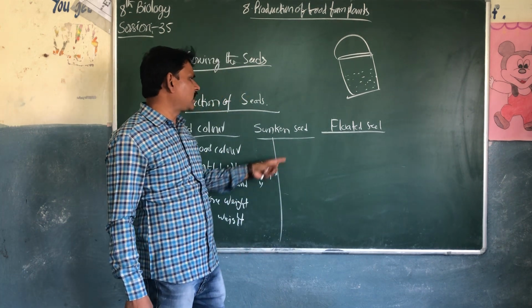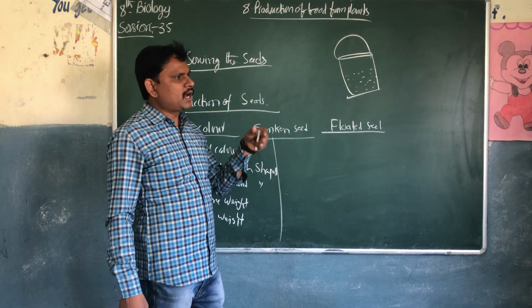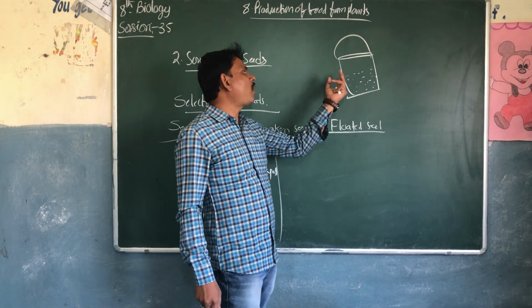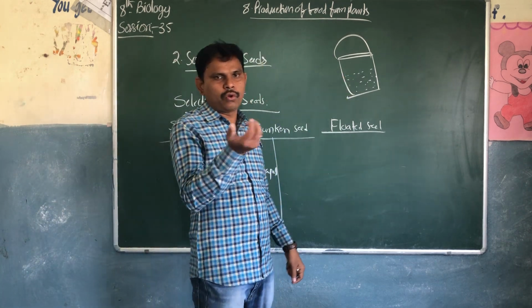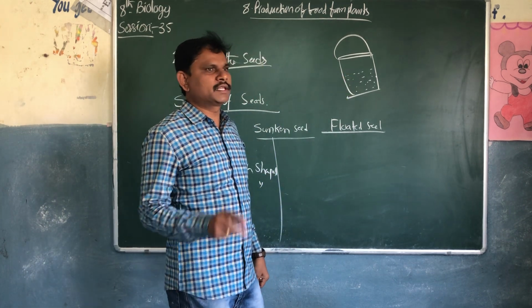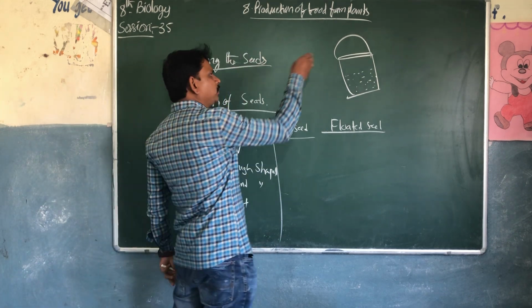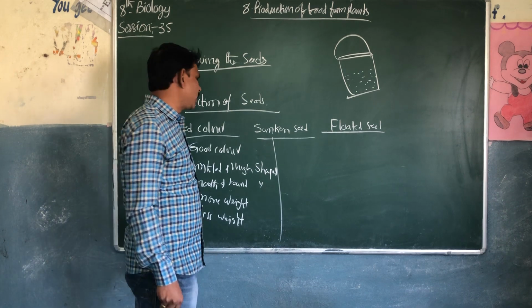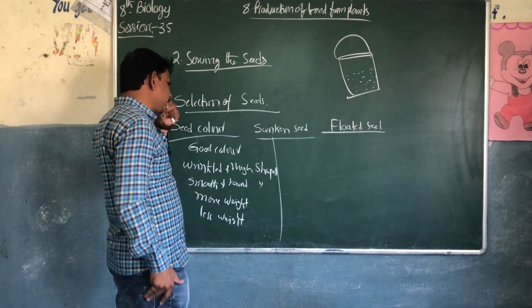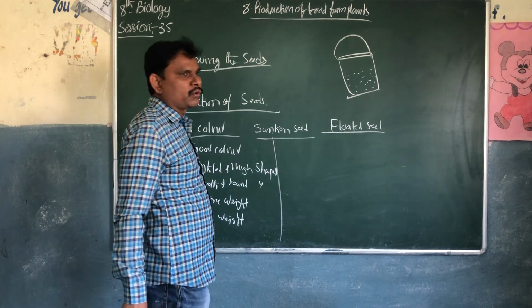If the seeds are not sunken, they float on the water. We can see two different types of seeds. Now we are going to see sunken seeds and floated seeds.